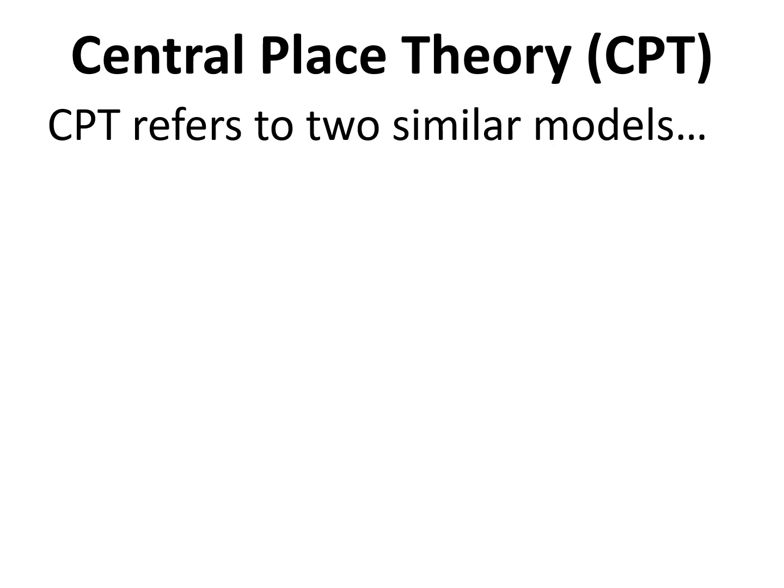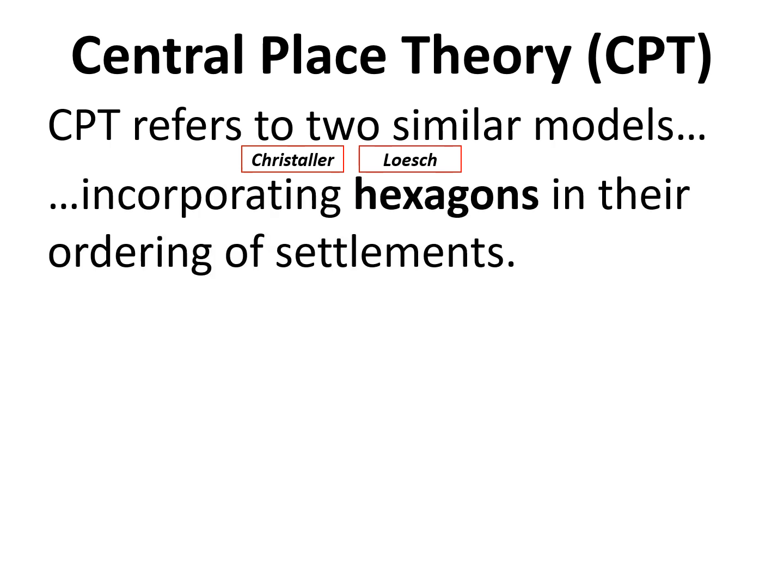Central place theory refers to two similar models. So there's the model by a fellow whose last name is Christaller, and then building on that is a model by a guy whose last name is Lösch.